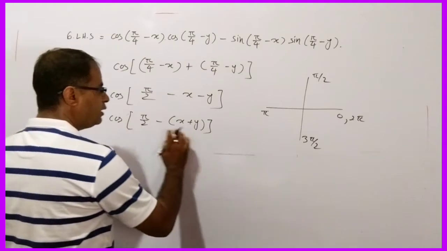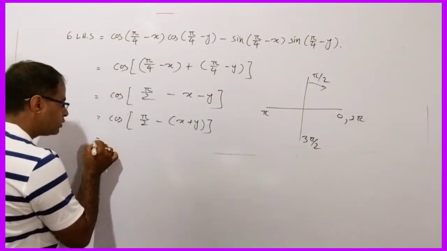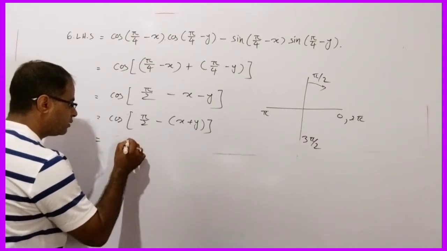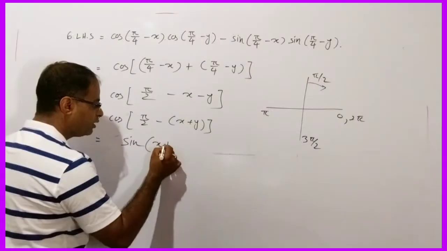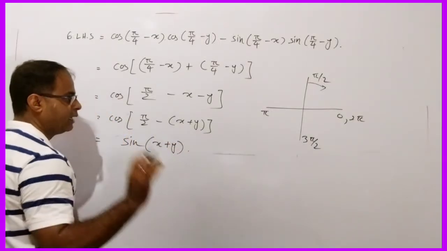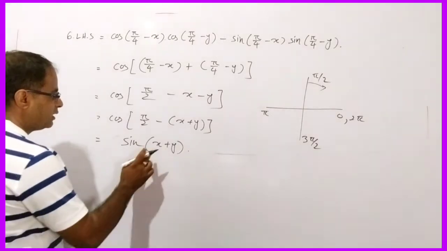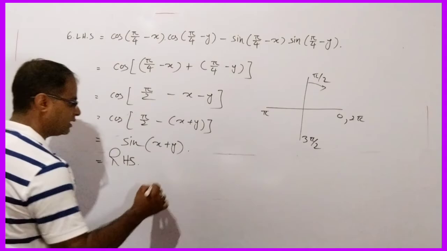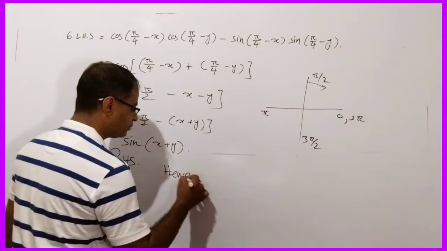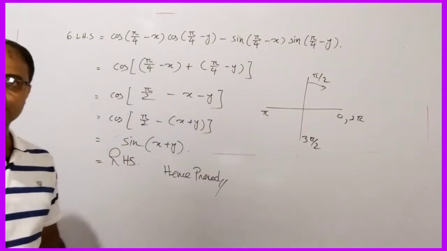Pi by 2 minus theta means cos is converted to sine, which stands for x plus y. In the first quadrant, the values of all trigonometric ratios are positive. That means it is the right hand side, hence proved.